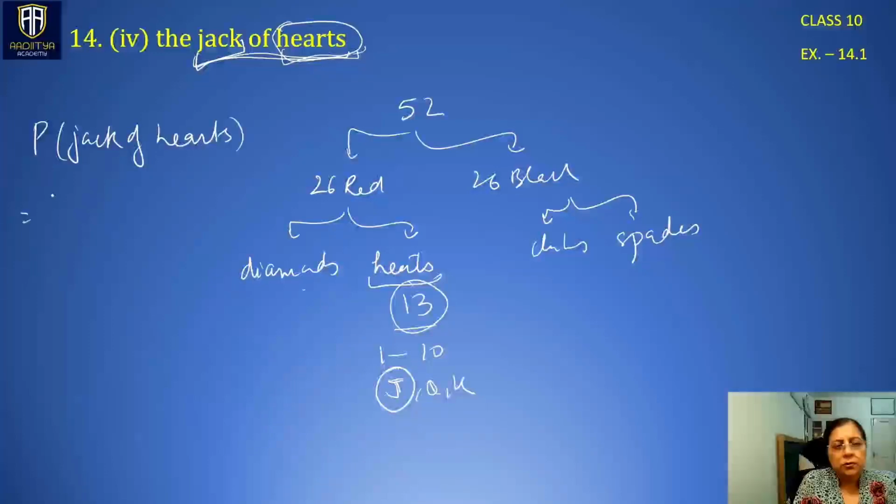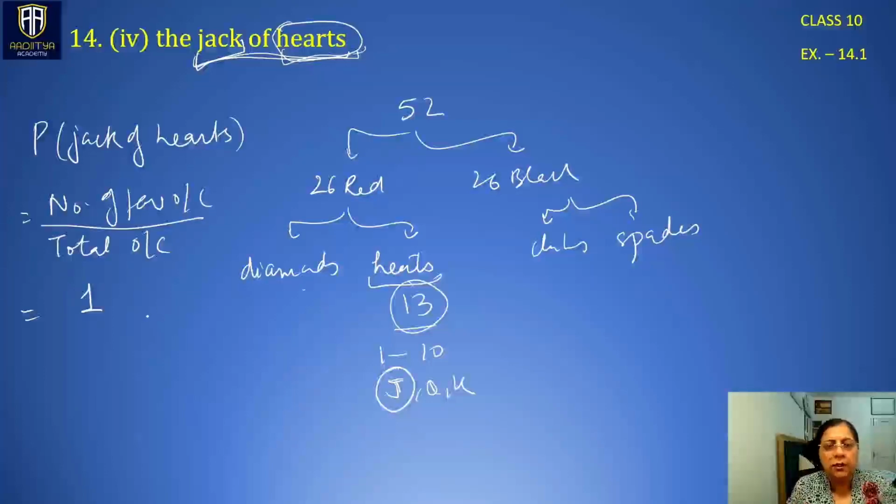So this is number of favorable outcomes upon total outcomes. Favorable outcome is exactly 1 because now he is asking about a particular card of a particular suit. It's 1 on 52. Right?